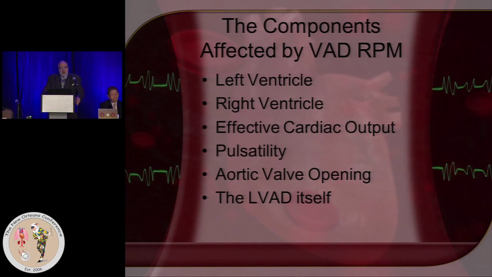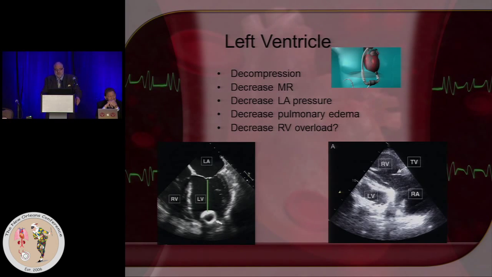So I've broken up the components affected by the VAD RPMs or speed as the LV, the RV, the total effective cardiac output, the pulsatility systemically, whether the aortic valve opens or not, and the LVAD itself. And I'm going to analyze each of these in turn. The left ventricle. Well, what the LVAD does is it decompresses the left ventricle.